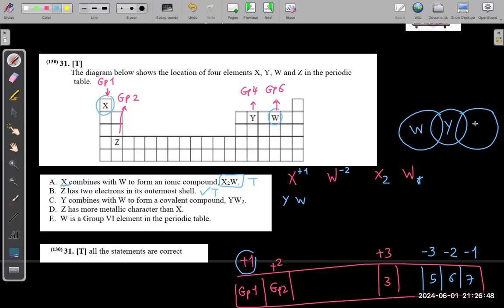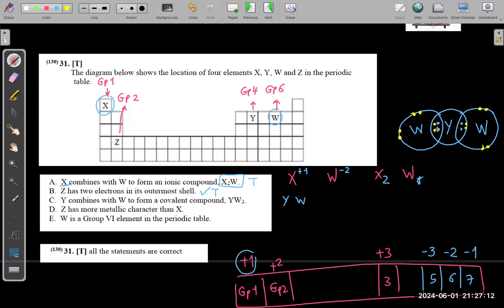This is 1 W and 1 W. Y has 4 electrons in group 4, so it will share 2 here and 2 here. And W is in group 6. It will need to share 2 electrons out of its 6. It has 1, 2, 3, 4, 5, 6, and the other one, 1, 2, 3, 4, 5, 6.